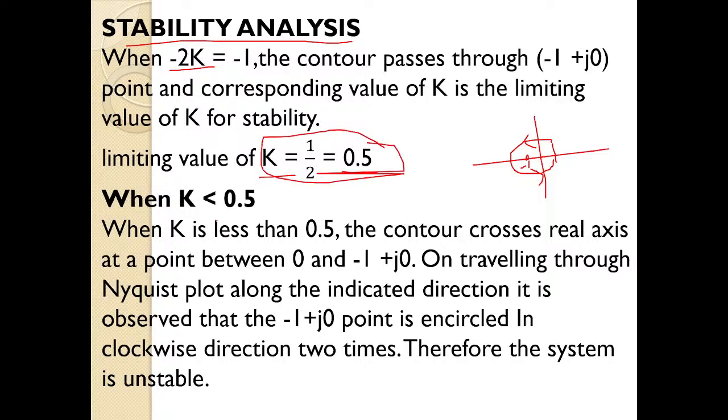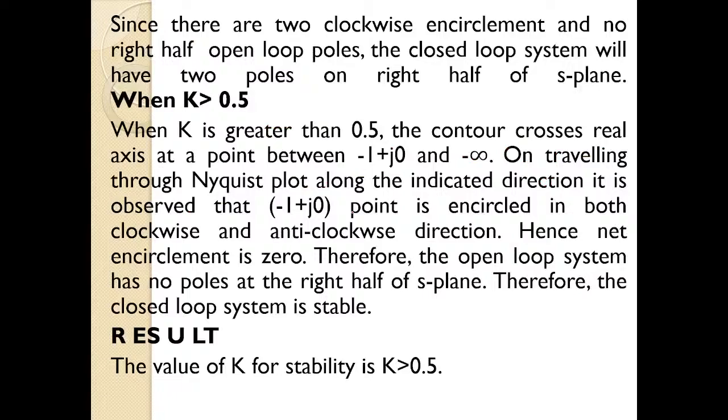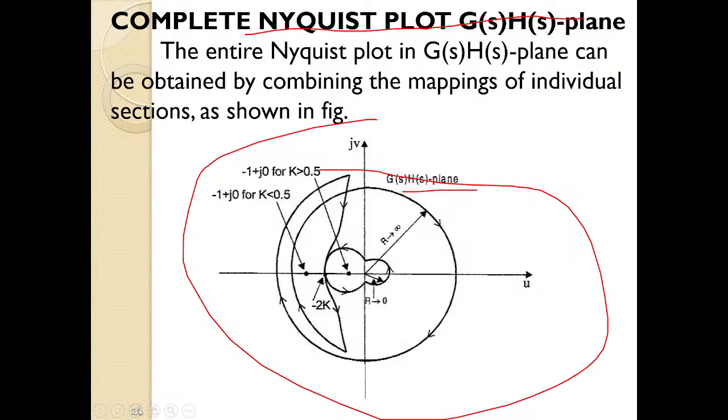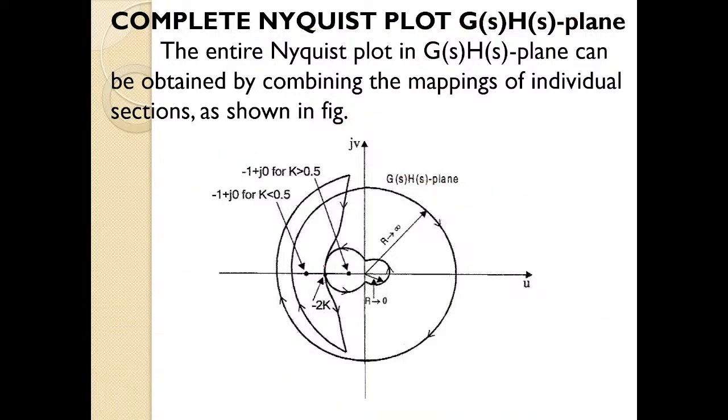K value is 0.5 when you are assuming this point as minus 1 plus j0. Listen carefully.